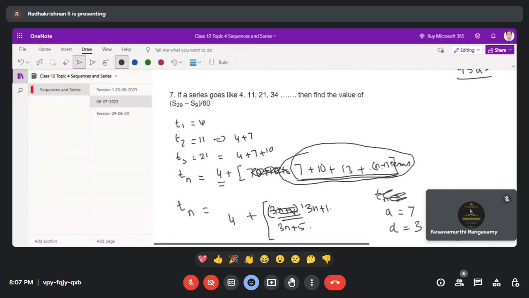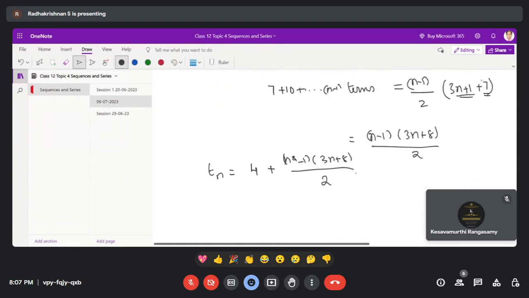Tn itself is like a sum because this is the difference. If the difference is in arithmetic series, your Tn itself will be like an arithmetic series. So what you have done is only calculating the Tn of this series. At this stage, you can verify whether you put n equal to 1 and n equal to 2 and check whether it matches. So you can do a few checks.